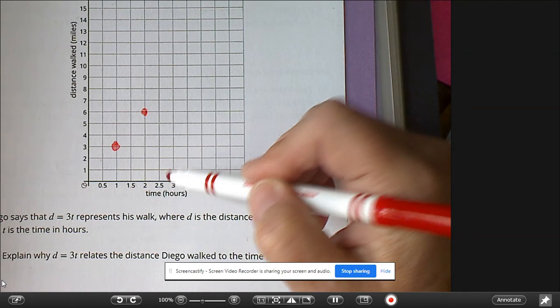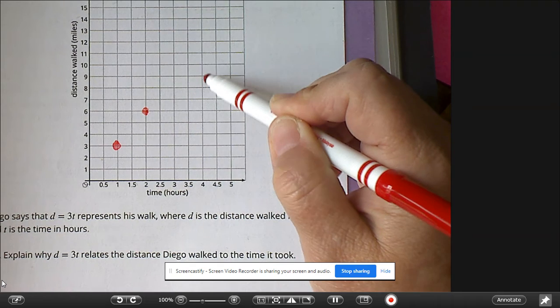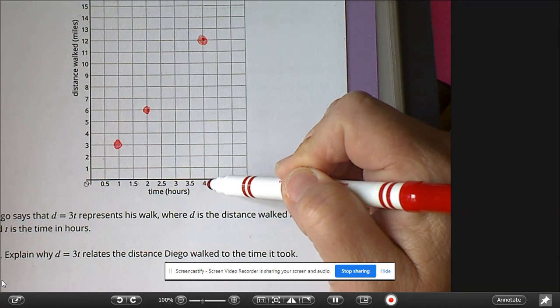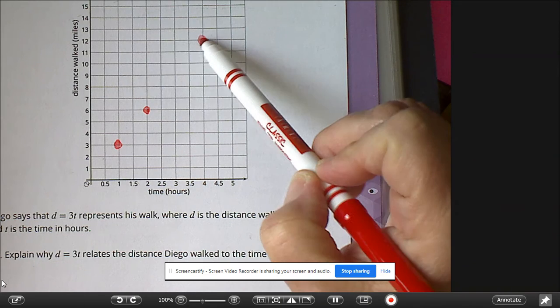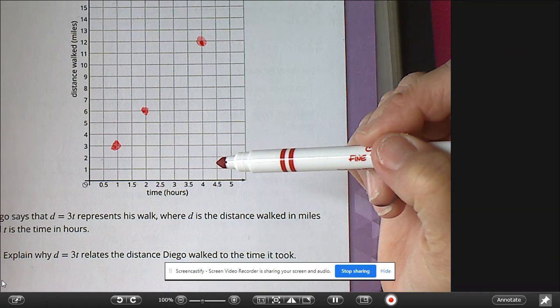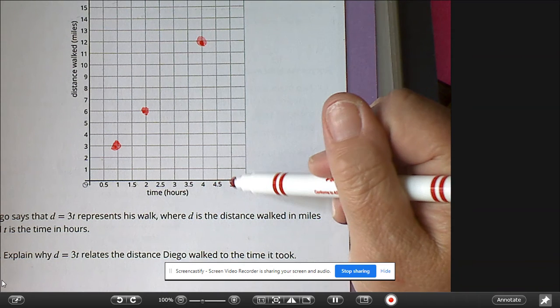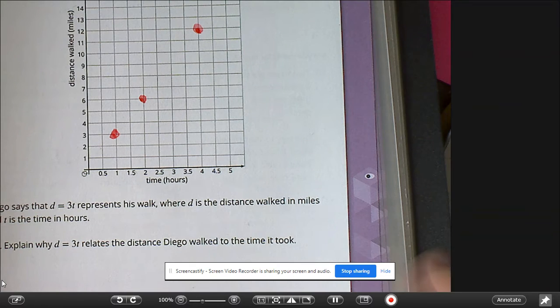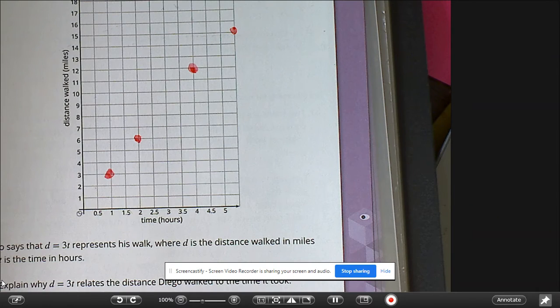And in 4 hours, he walked 12. So I'm looking here for the 4 and over here for the 12, and you put a dot where they meet. Okay, and then in 5 hours, he walked 15. All right, so that's Diego's.